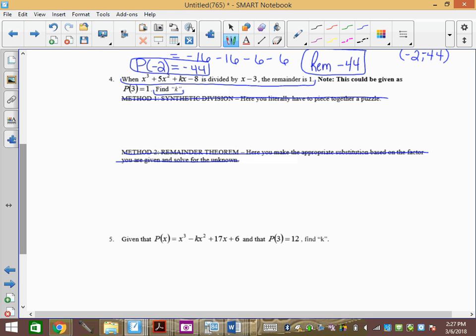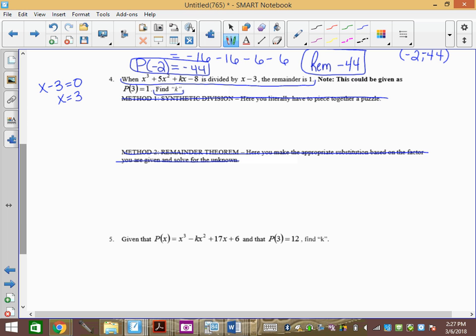Now they're giving us a polynomial with a missing variable, and they're giving us a factor and a remainder and asking us to find that missing variable. Correct? So the remainder theorem states that if I take this factor and I solve it, so x minus 3 equals 0, I get x equals 3.